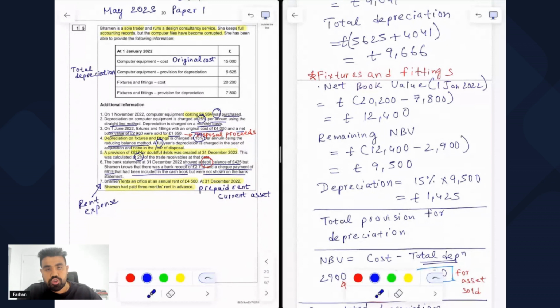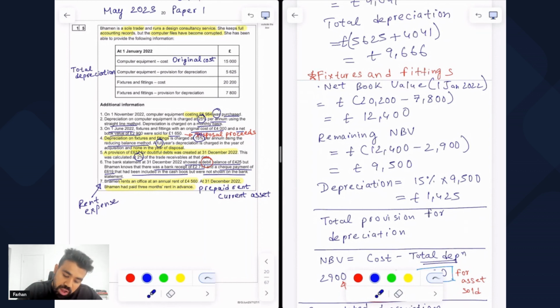So what we have to do is remove the effect of this asset first, because as the question says, you only calculate depreciation in the year of purchase and in the years of usage, but you do not calculate the depreciation in the year of disposal, which is what is happening with this asset.